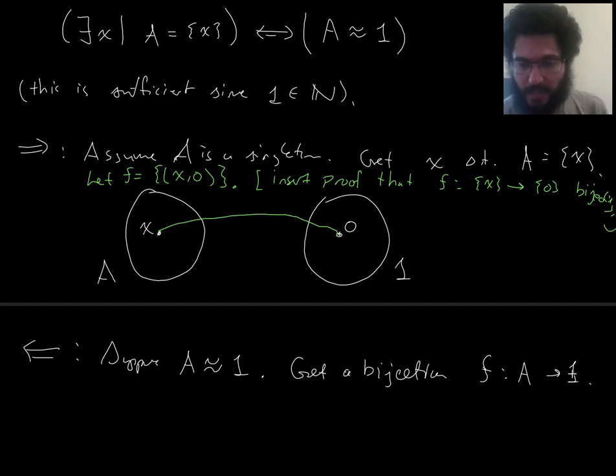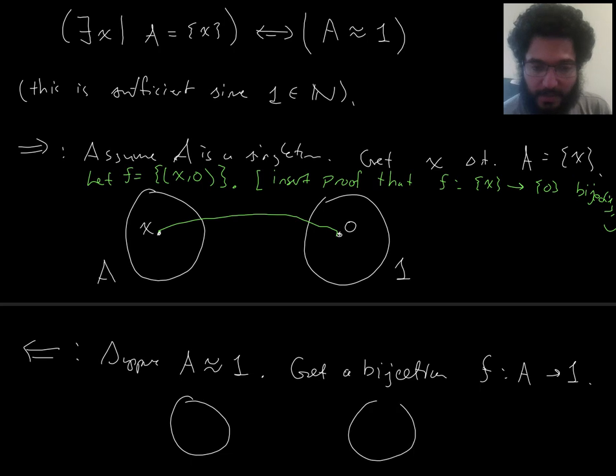So let me draw a picture and see how I'm thinking about this. I've got this bijection, it's been granted to me, F, and it goes from A to 1. And I don't know what the contents of A look like here, unlike up there, right? Up there I knew exactly what A looked like because I was assuming that it's a singleton.